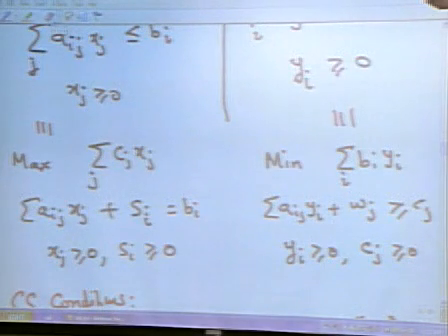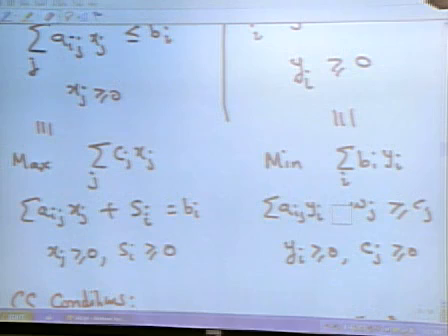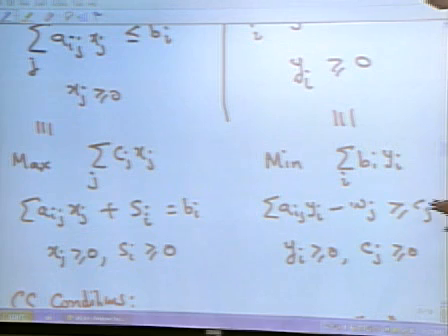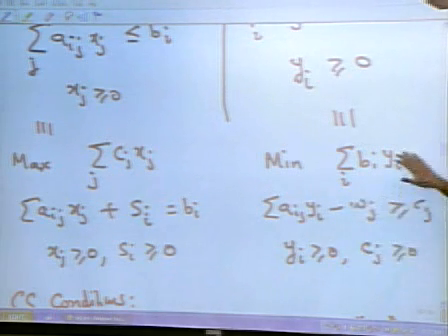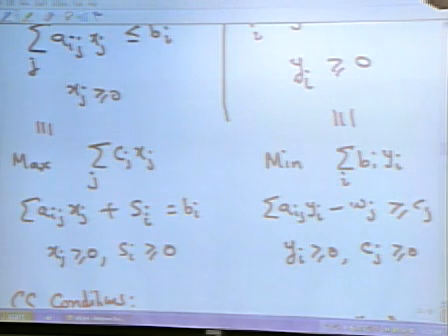So I think I made an error here. The problems written down here are exactly the same primal dual pair of problems, except that I've now rewritten things in standard form. And I've made a whole bunch of errors, so let me fix all of those.